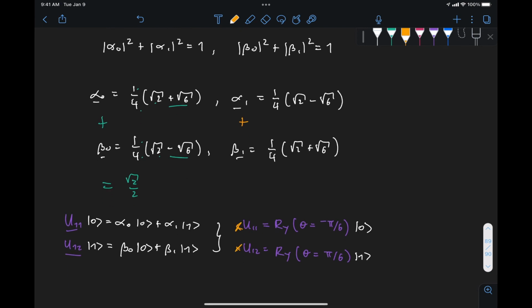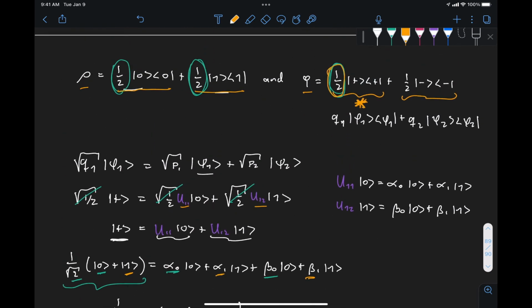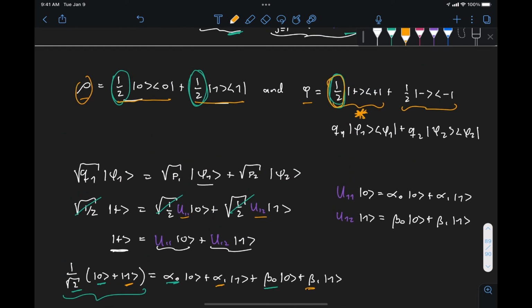Now, what's missing here to show that these two matrices rho and kappa are identical to each other? Well, now we need to find that the state minus with probability 1/2 can also be expressed in terms of these terms 1/2 0 0, 1/2 1 1, but it should be obvious that we can follow the exact same procedure to get those numbers.